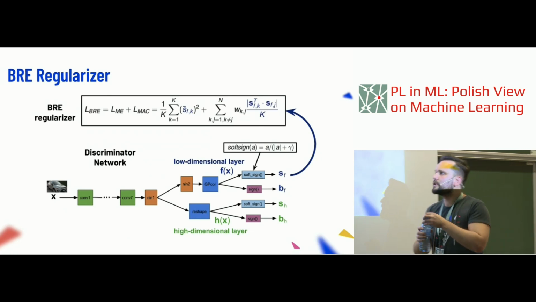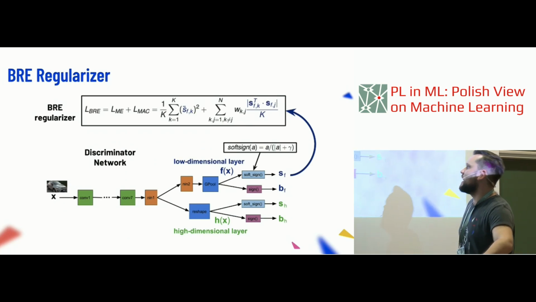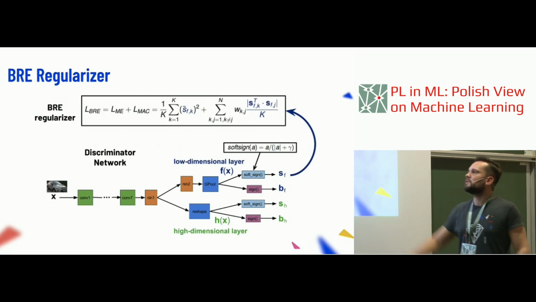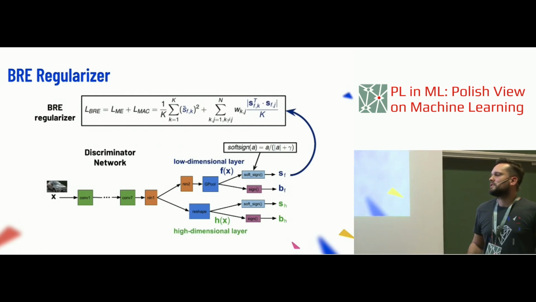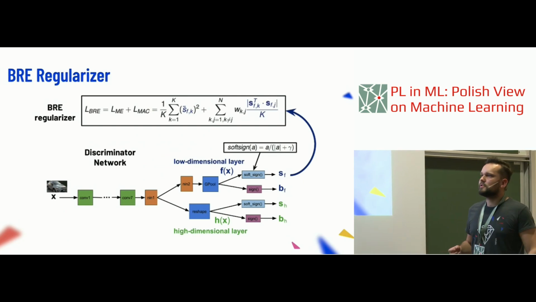So here is the structure of our discriminator network. And we can distinguish here a so-called high-dimensional layer and a low-dimensional layer, where the high-dimensional layer is some intermediate layer of the discriminator, for which the number of units is significantly higher than for the low-dimensional layer.